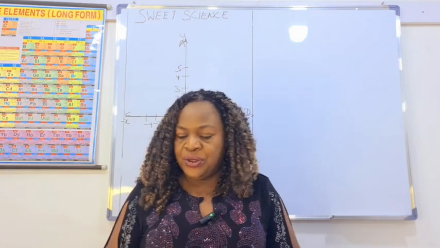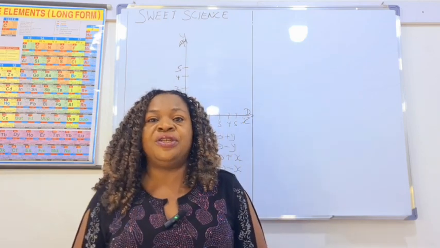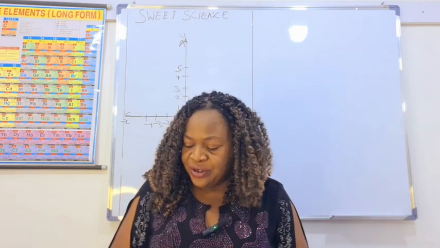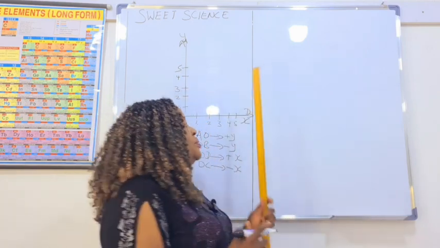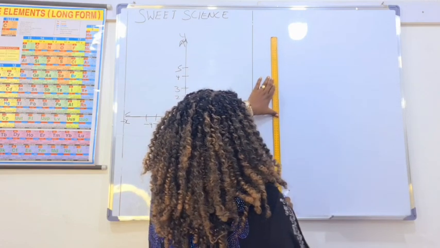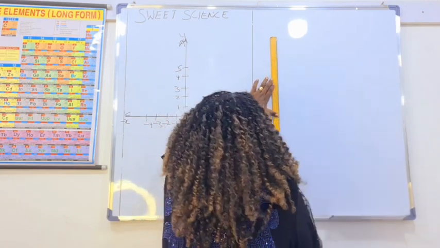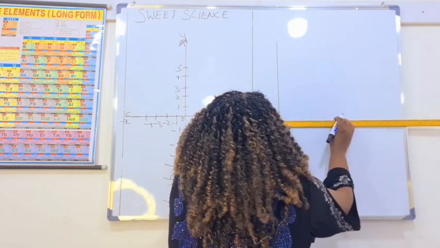The next thing we need to do is to get the equation of a straight line graph. For us to do that, we have our axes drawn.